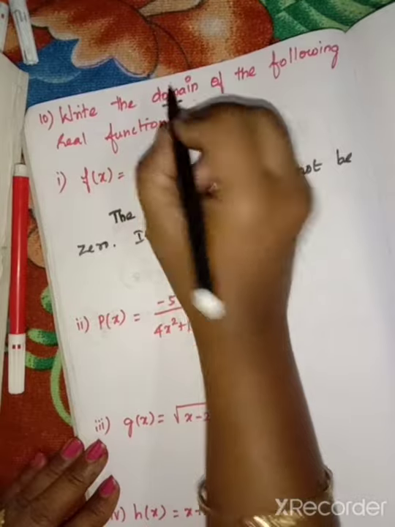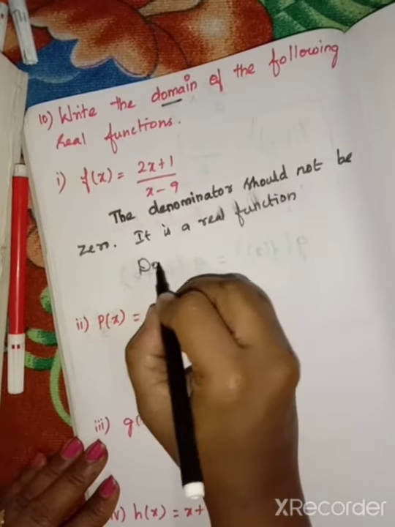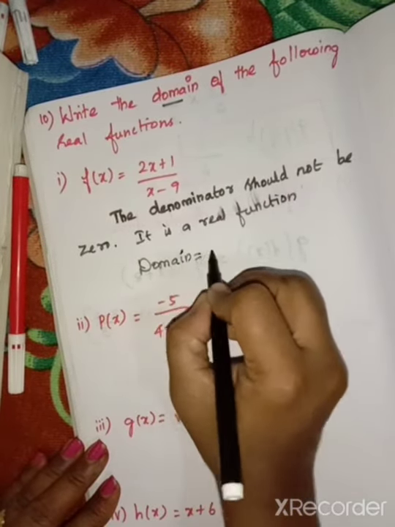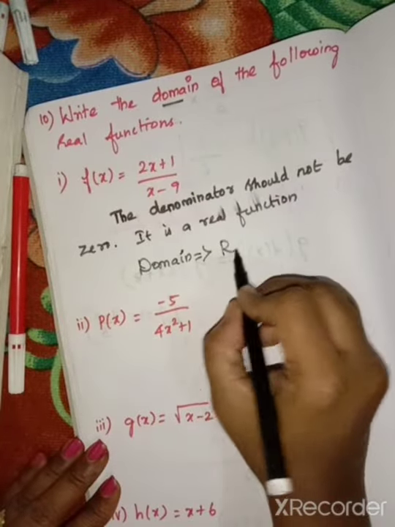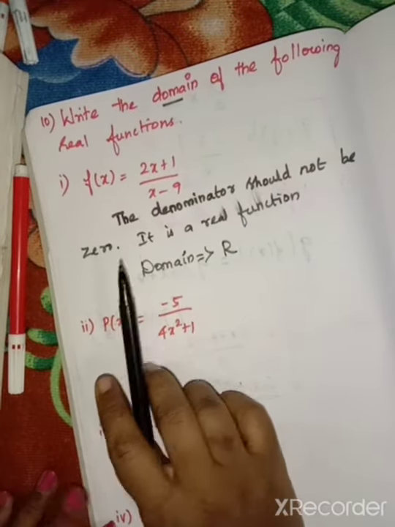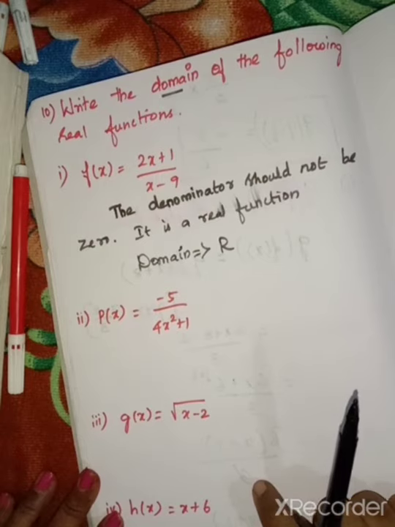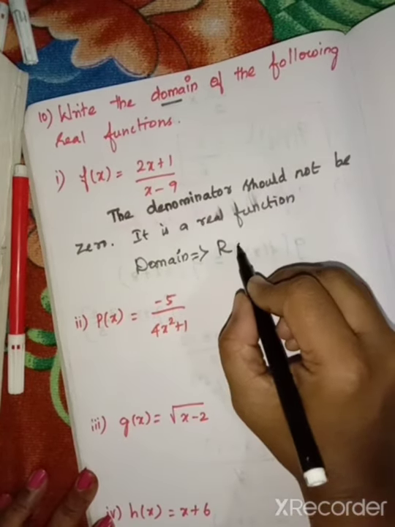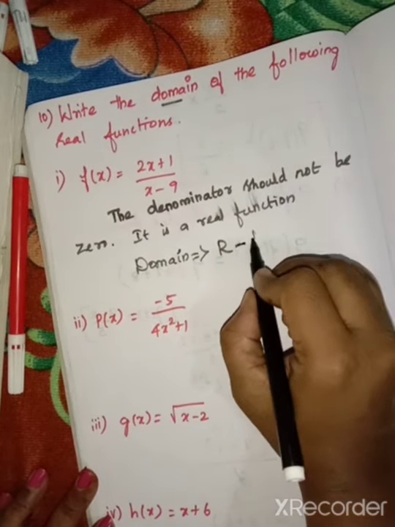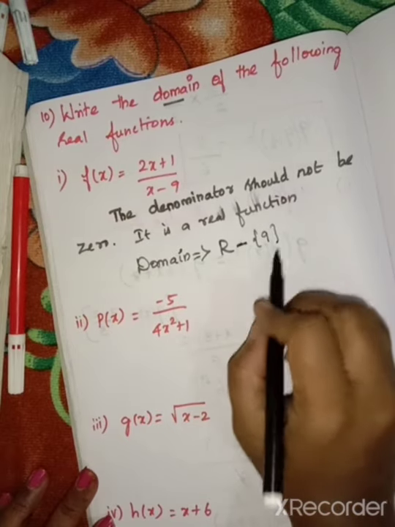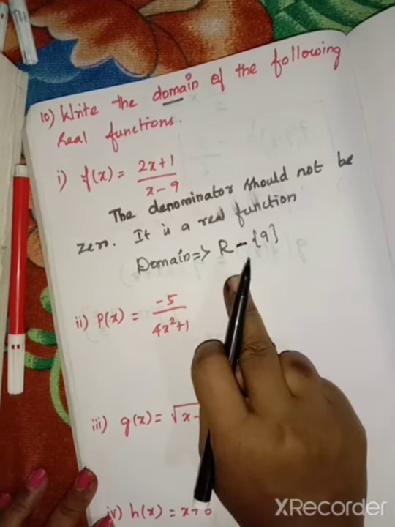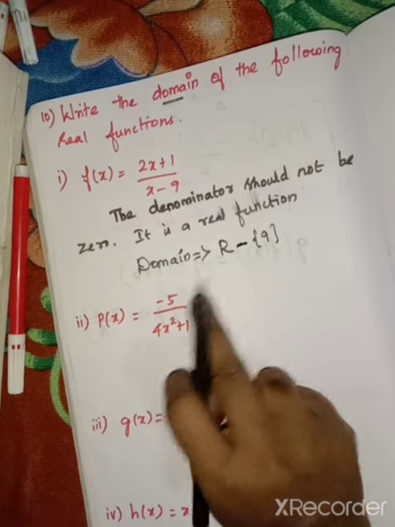So here we want to write the domain. Domain equals all real numbers are possible. What is the only number we didn't use? That is 9. So we can write R, use the minus symbol and the set of 9. Except 9, all the remaining real numbers we can consider as the domain here.